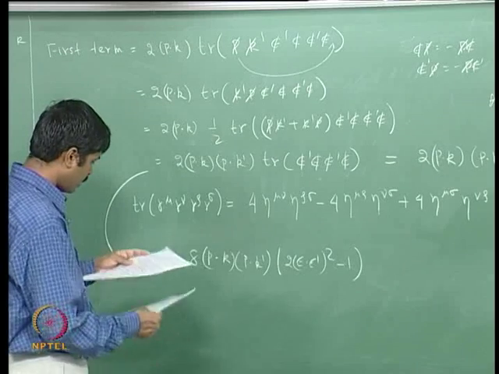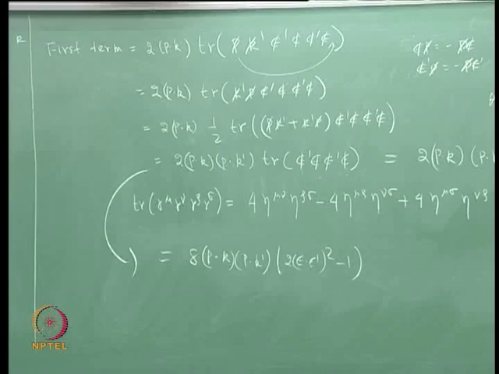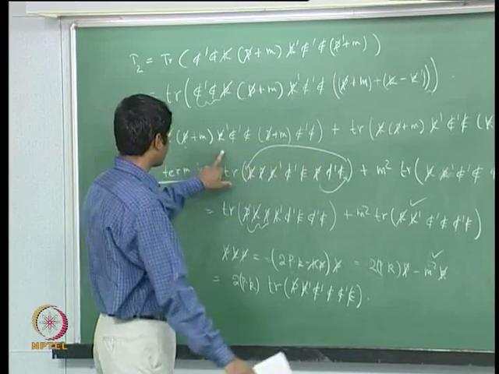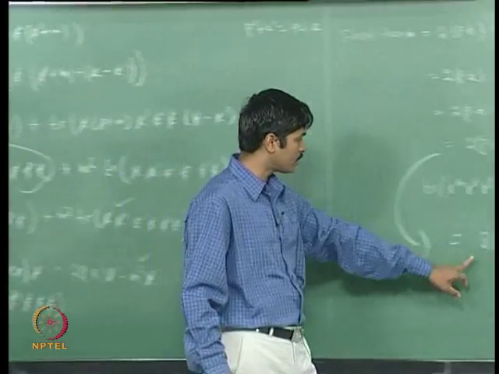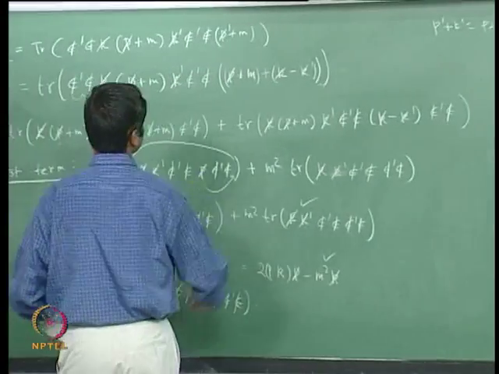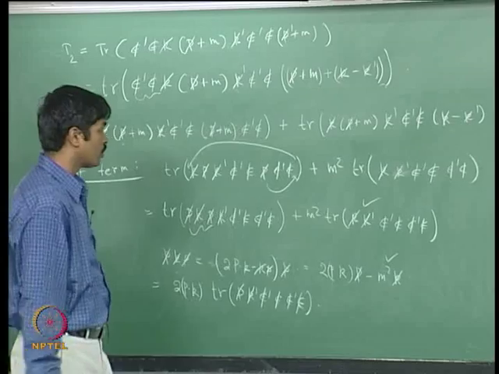So, now that we have evaluated the first term, this T2 has two terms. The first term we have evaluated, and then we have shown that this is equal to this. Now, we will come back to the second term here, and then we will evaluate this in more detail.